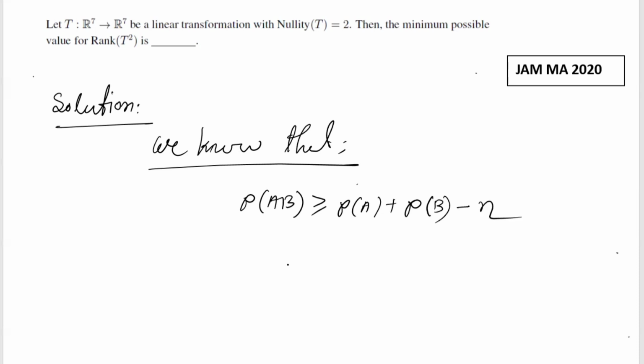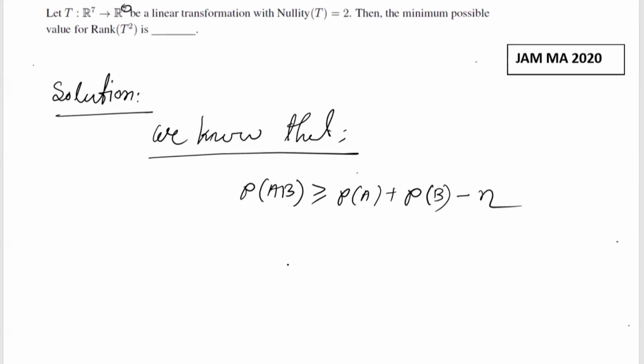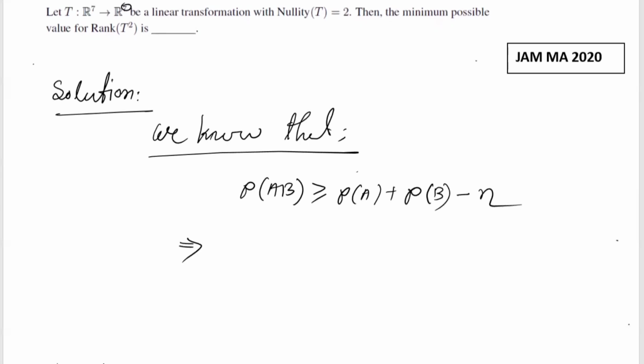So here replace AB by T, and the column size is 7. So rank of T squared, that is rank of T times T, is greater than or equal to rank of T plus rank of T minus 7.